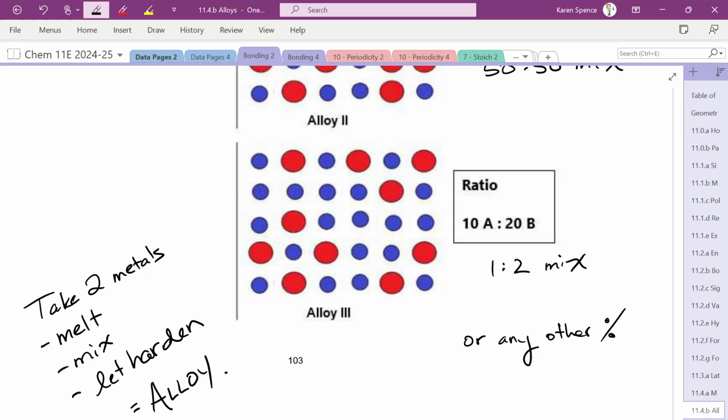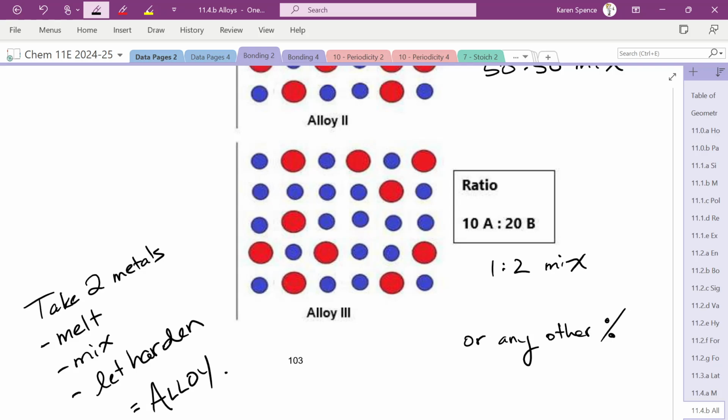Now, why would we do this? Why do we bother with stainless steel? Why don't we just use iron? Because it rusts. So by putting some chromium into our steel, the chromium actually forms chromium oxide on the surface.